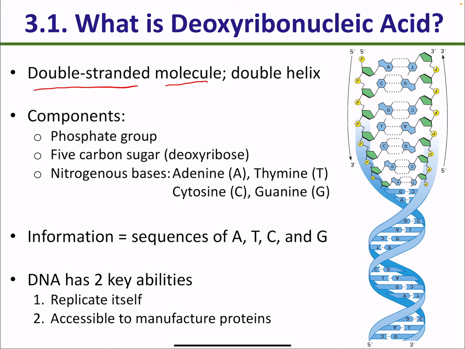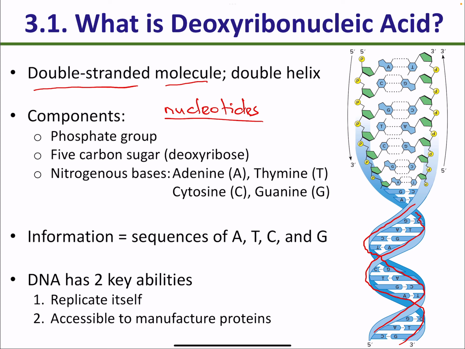Because we see that here you have one strand that is wrapping around another strand. So this is a double helix. Now this double-stranded molecule is made up of nucleotides. Nucleotides are the building blocks of DNA.